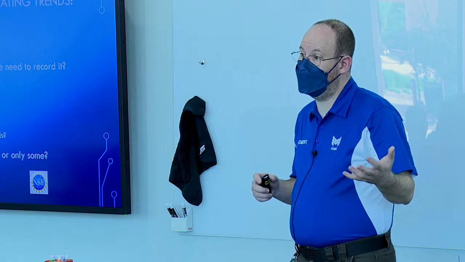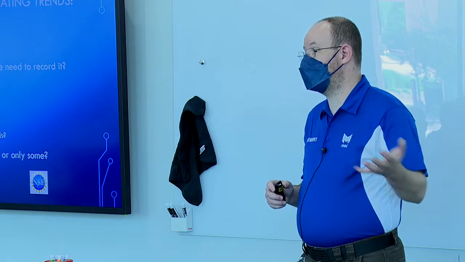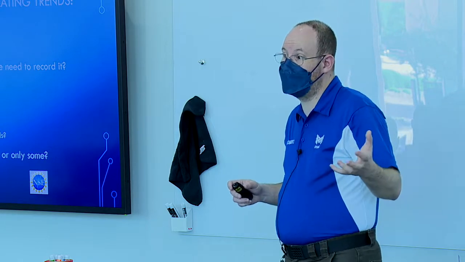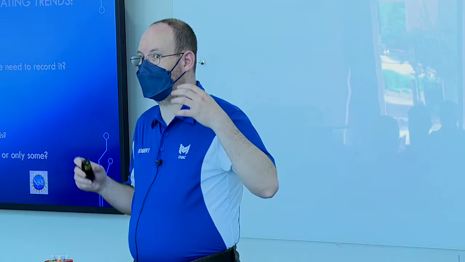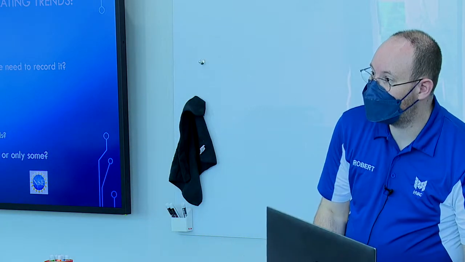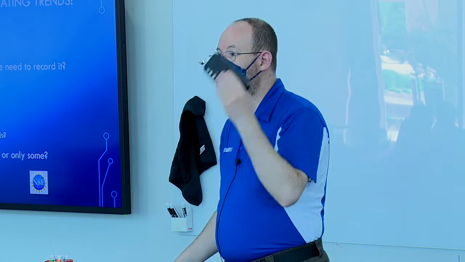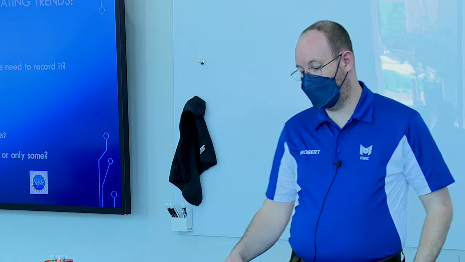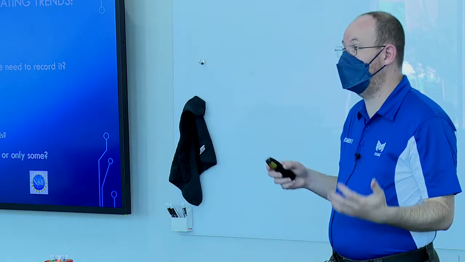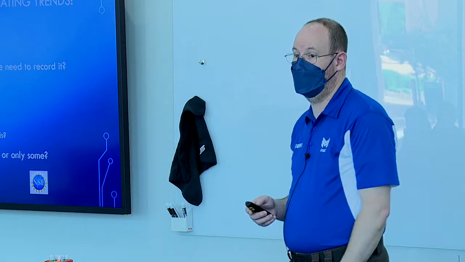Most BACnet MSTP trunks max out at 76 kilobaud, or 76,000. Compared to what we're used to, those are tiny data rates, so it is definitely possible to overwhelm them. Just something to be cautious of.